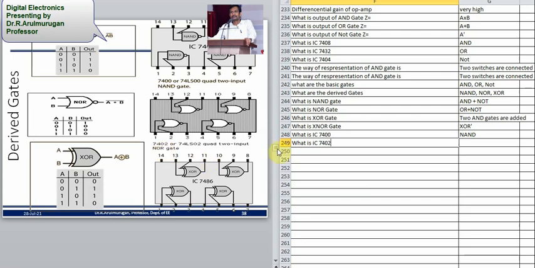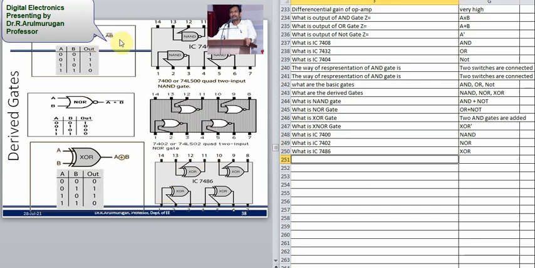If it is IC 7402, you should say it is a NOR gate. IC 7486 is called an XOR gate. XOR gate, you should say.